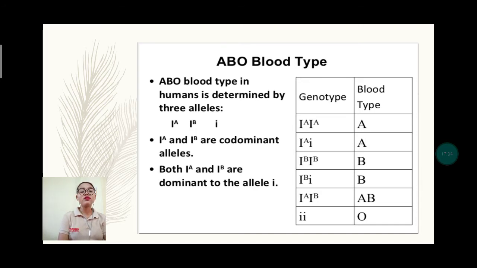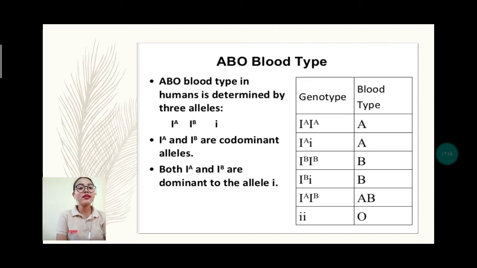Take note, the I letters with A and B are codominant alleles, and they are both dominant to the allele i.